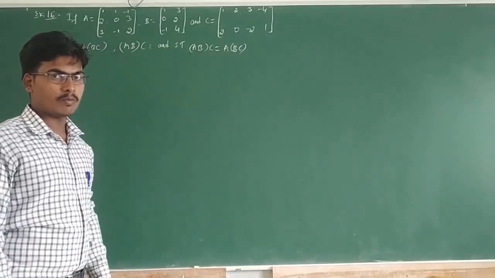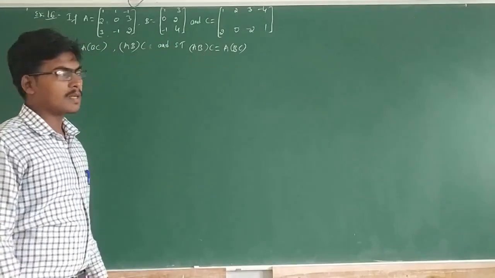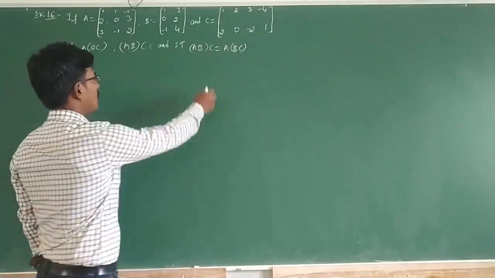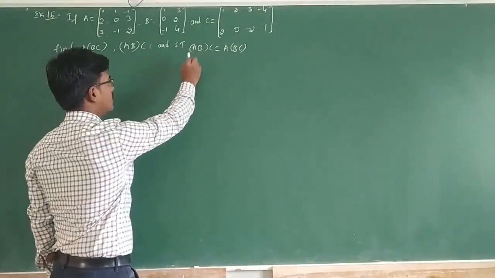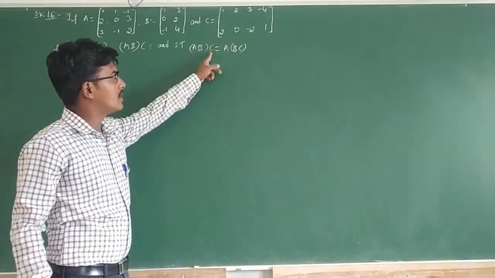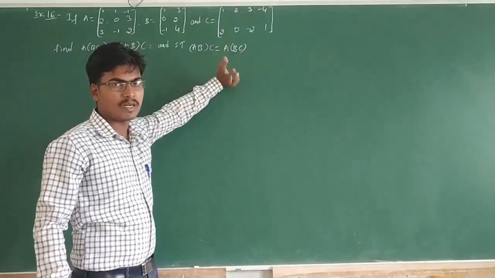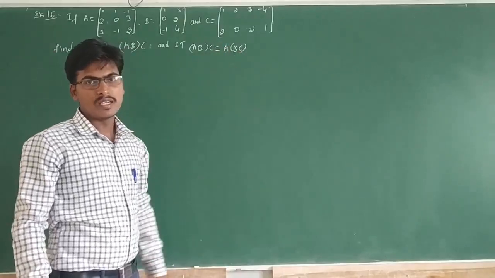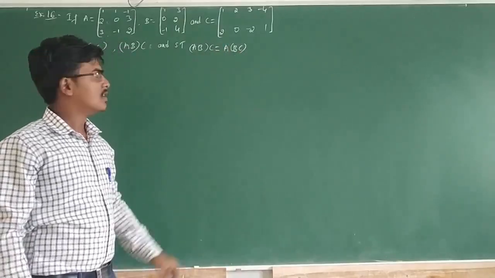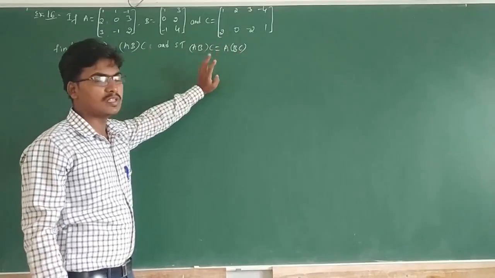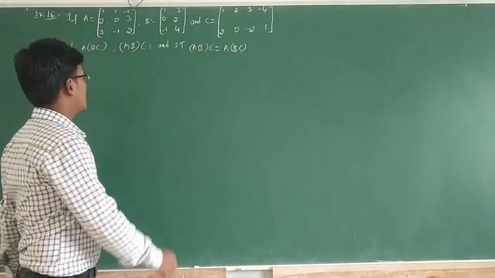This is the associative law of multiplication. For AB of C, first find AB, and after that multiply by C. For A of BC, first find BC, and after that multiply by A. Both sides are defined, so AB of C is equal to A of BC.